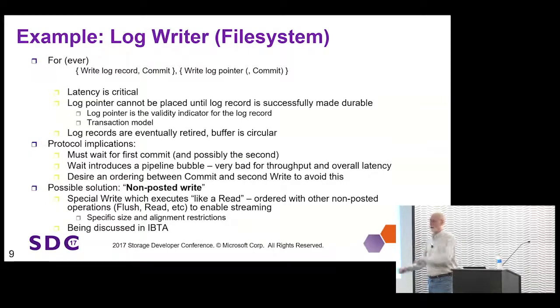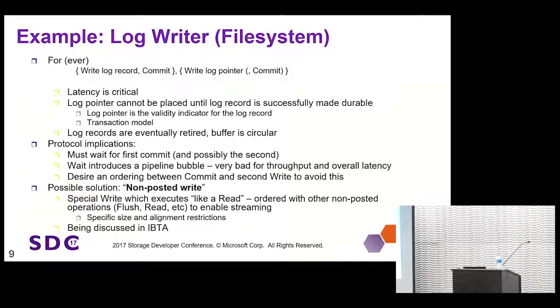We're going to have a big circular buffer of these things, and it's constantly going to go write, commit, pointer, commit, write, commit, pointer, commit, right? And the validity of the pointer indicates the validity of that pool of log records. It advances the state of the world by dropping the pointer. And so the problem is right here.